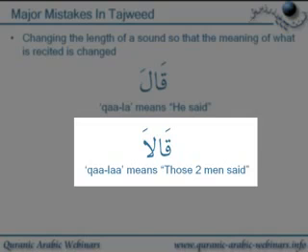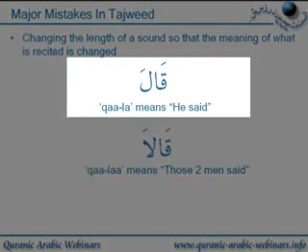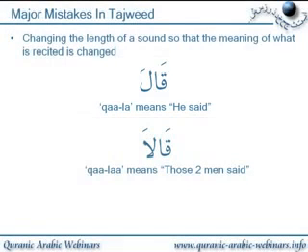So qalaa means those two men. So again, it's still third person male, but we're now talking in the dual sense, so two men. So now if you accidentally say the first one, which should be qala, and you accidentally extend it and say qalaa, you've now changed the meaning from he said to those two men said.